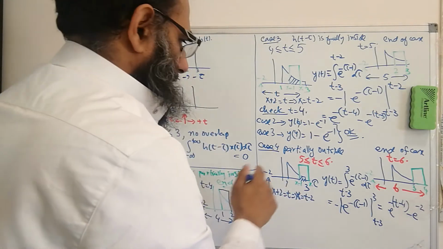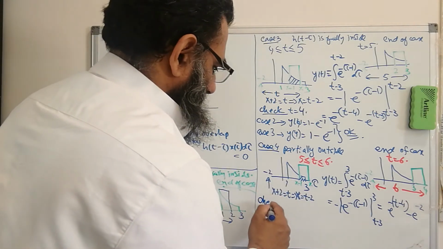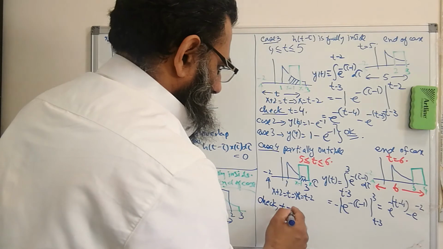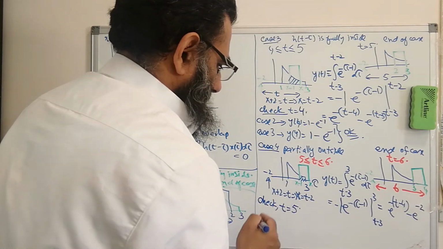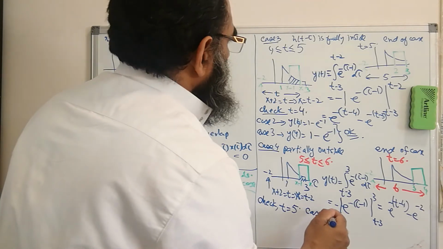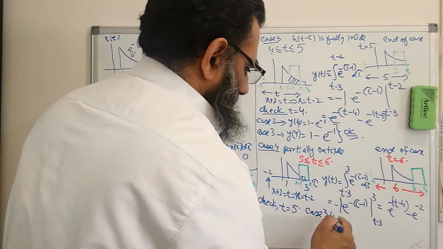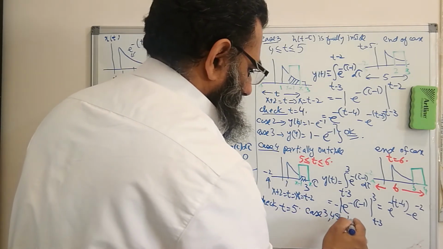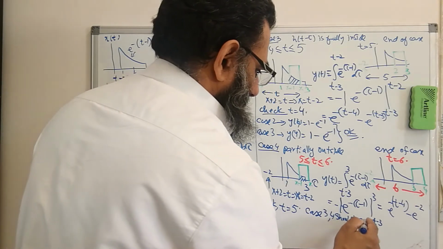Again, I can check, you can do it yourself. The check will be at t equal to 5, and case 3 and 4 should be the same.